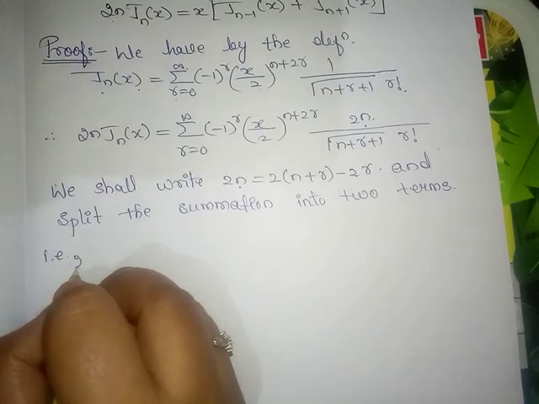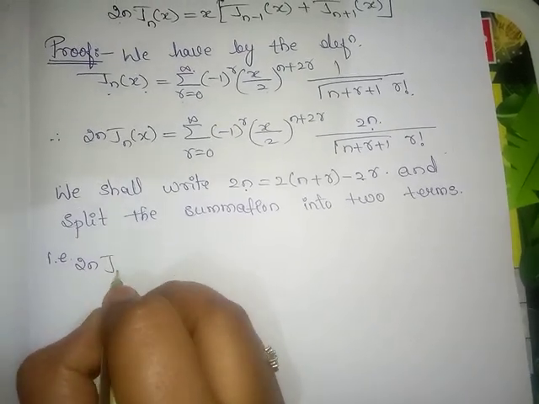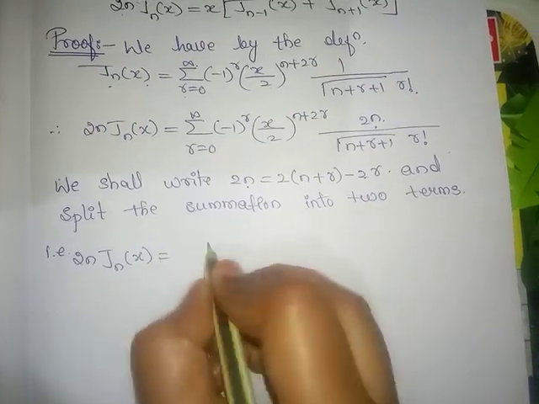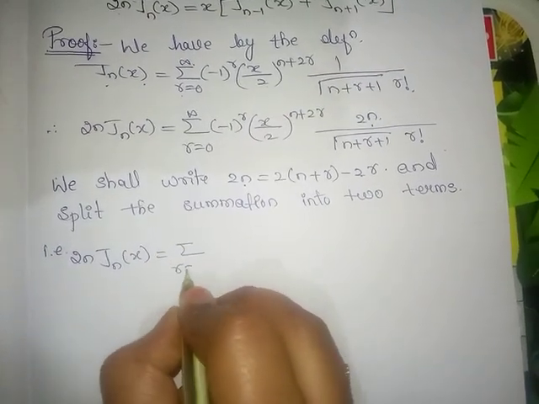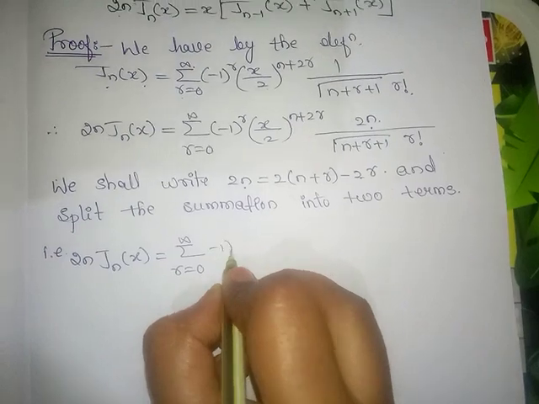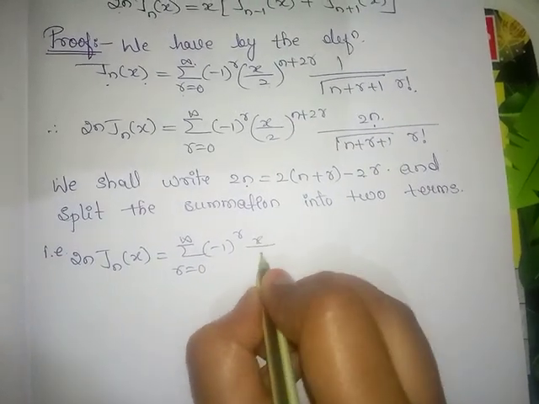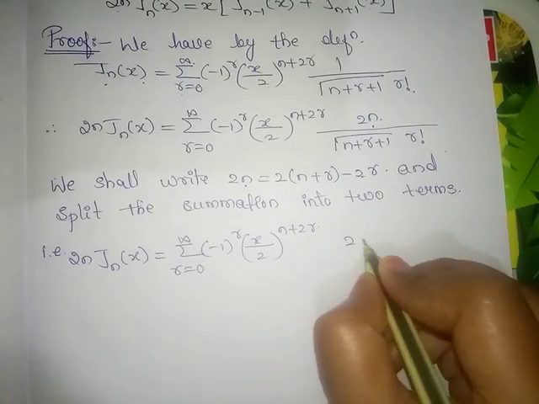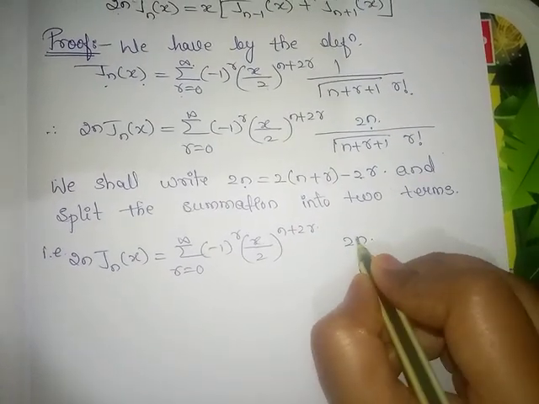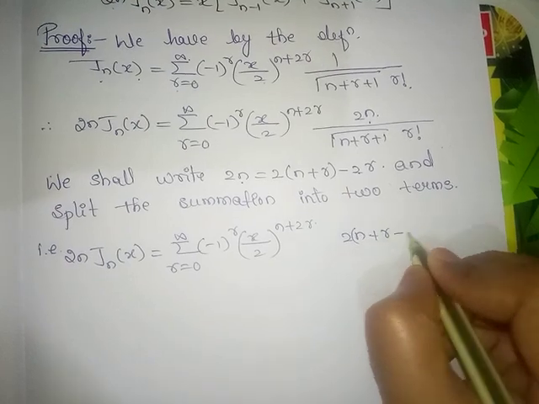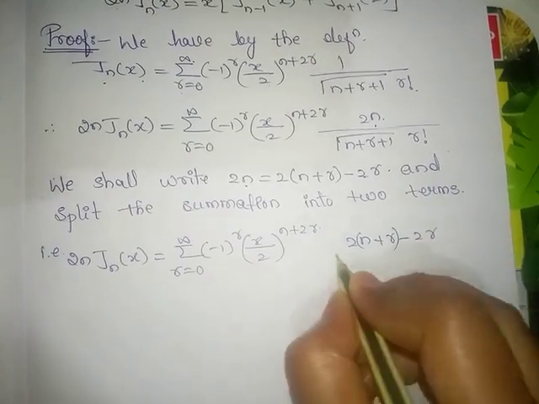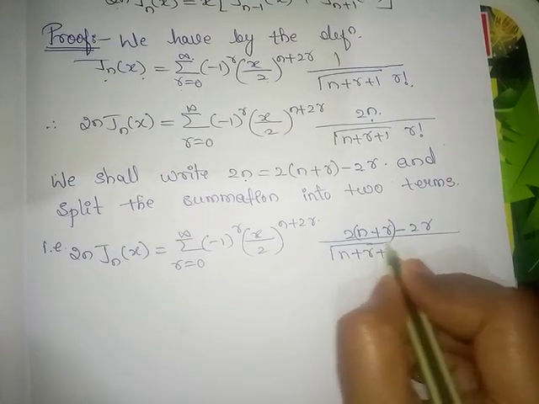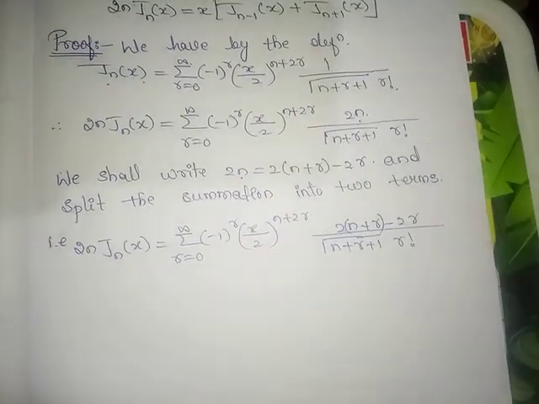That is 2n Jn of x is equal to summation r running from 0 to infinity of minus 1 raised to r, x by 2 raised to n plus 2r, into 2 into n plus r minus 2r, divided by gamma of n plus r plus 1 into r factorial.